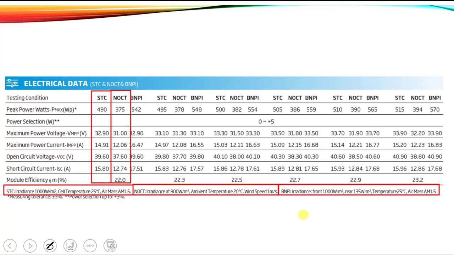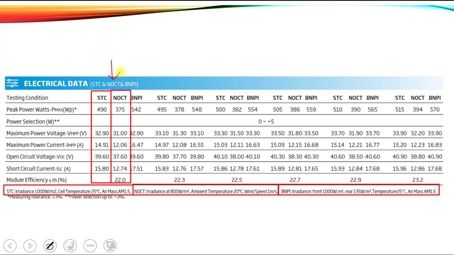On the left side there are a number of parameters like the peak power, which is the maximum power at maximum power point tracking, the maximum power point voltage and current, VMPP and IMPP, and the open circuit and short circuit values, and module efficiency.